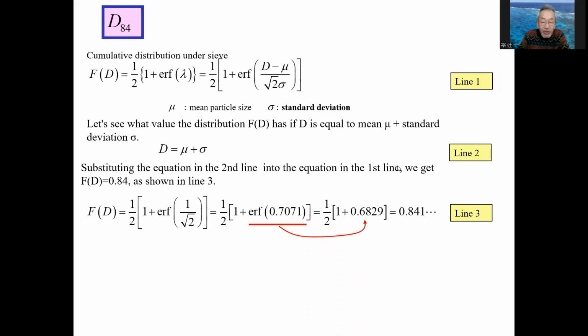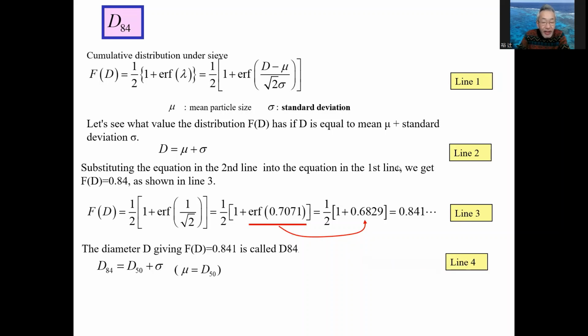The value of the Euler function, that is 0.6829, is taken from the table in the previous page. The diameter D given FD equal 0.841 is called D84.